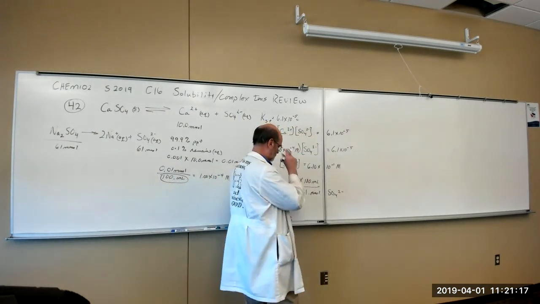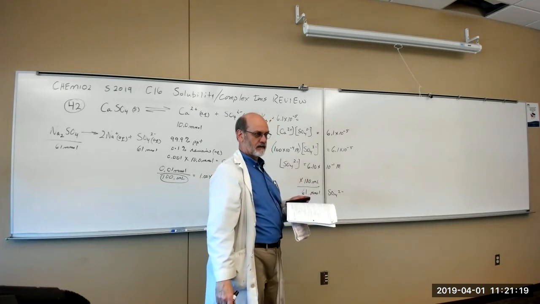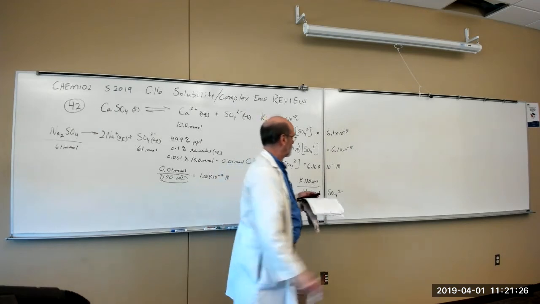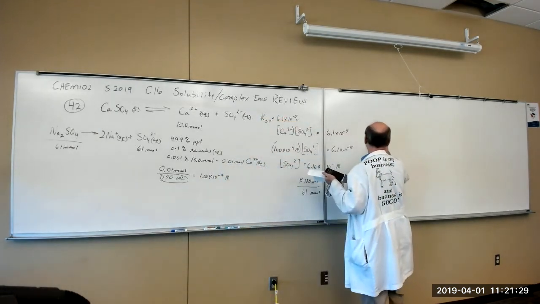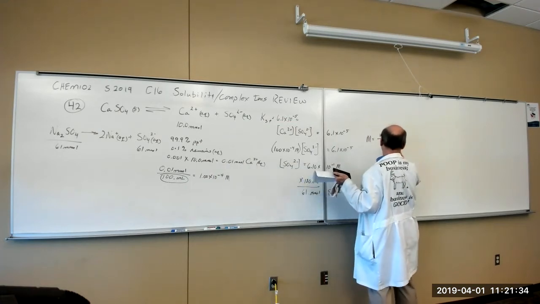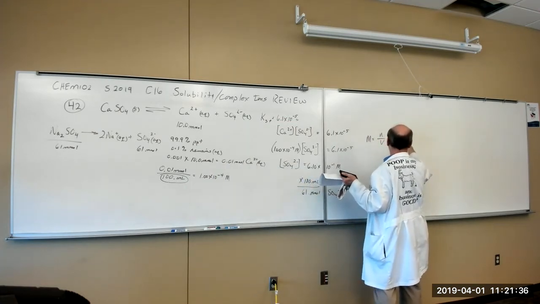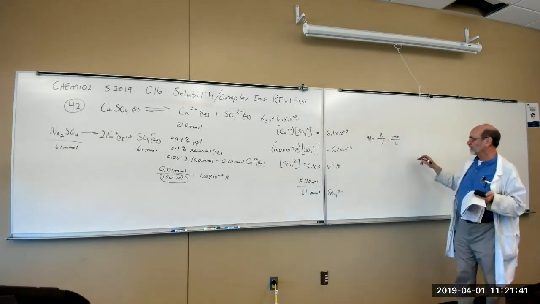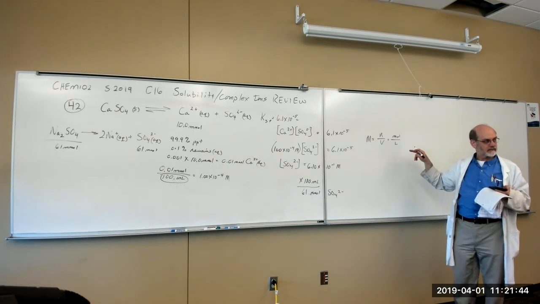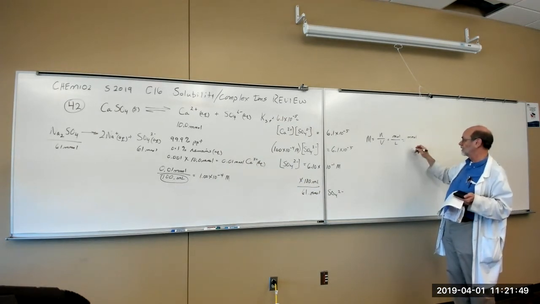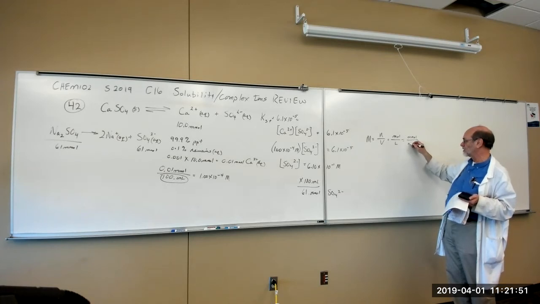Because molarity is moles per liter times liters. Okay, that's true no matter what. The units of measure you can use here are moles per liter, or if you divide both of them through by 1,000, that one divided by 1,000 is millimoles, and that one divided by 1,000 is milliliters.